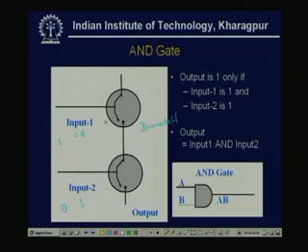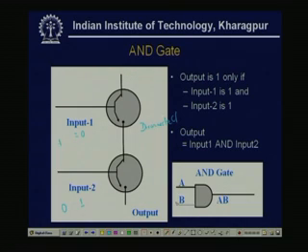Now, if we represent this in truth table fashion, we describe the input-output relation using zeros and ones, where 1 means some high voltage and 0 means some low voltage, but instead of voltage levels I am using 0 and 1, and that we have defined as the truth table.